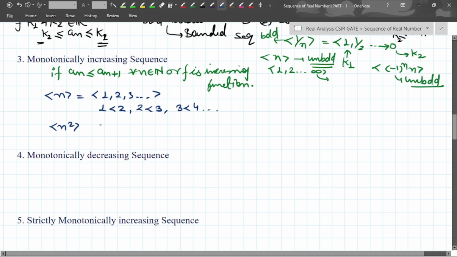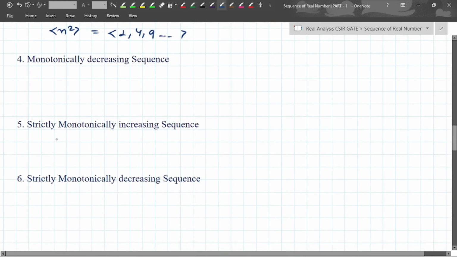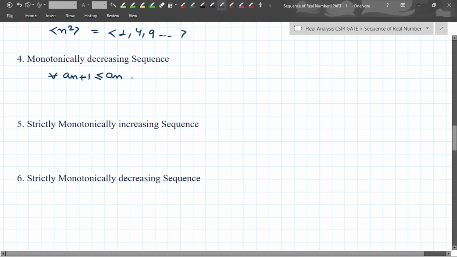Again, if you take n square, it is 1, 4, 9. It is also monotonically increasing. Now next we have monotonically decreasing, just the opposite thing. It means that every next element should be less than the previous element for every n belonging to the natural numbers, or you can say your function is a decreasing function.